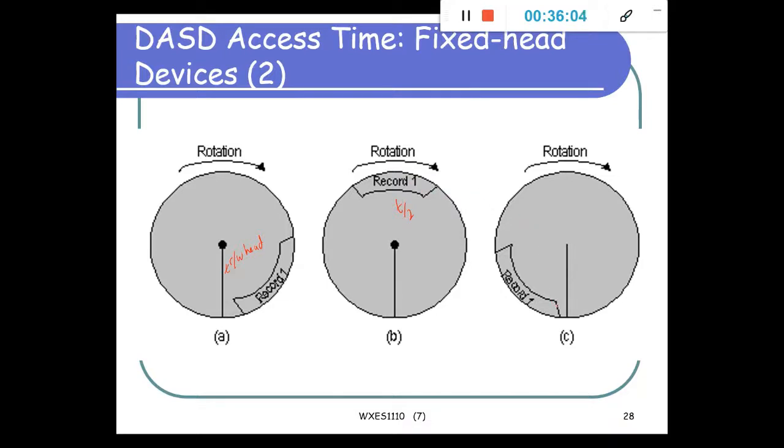The record is far away, and you have to make one full round before you can meet the read/write head. So the rotational delay is still considered T. This one, rotational delay is 0; this one is T over 2; and this one is T. You have to make one complete rotation.